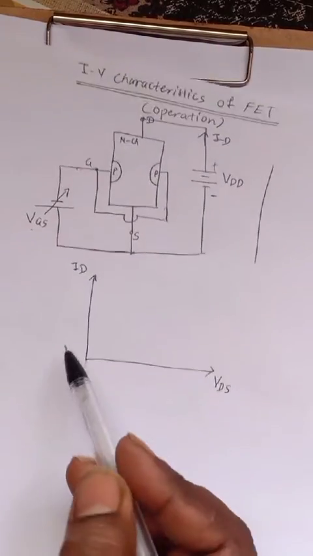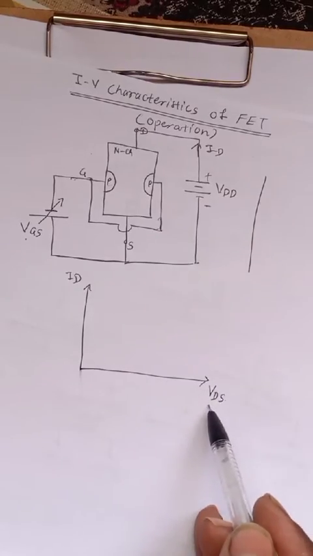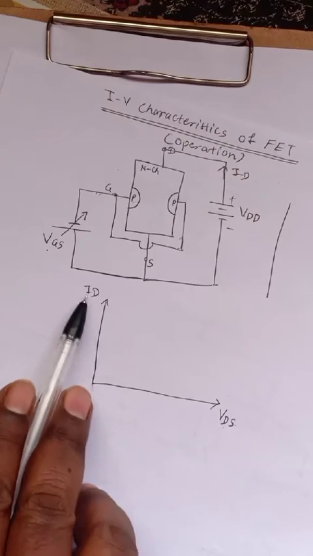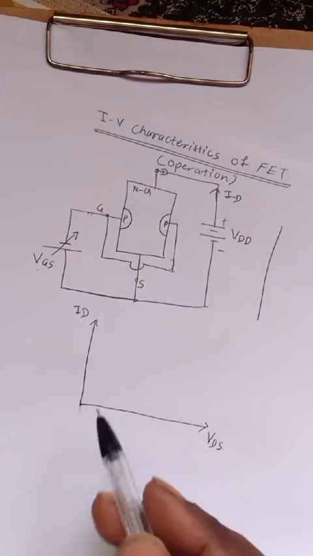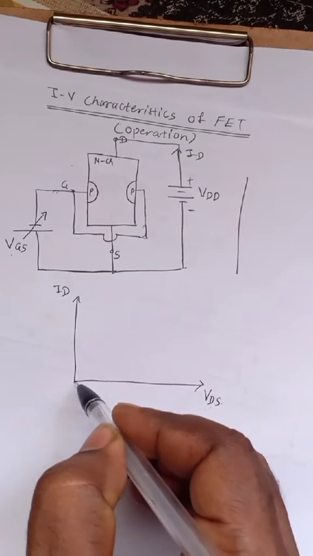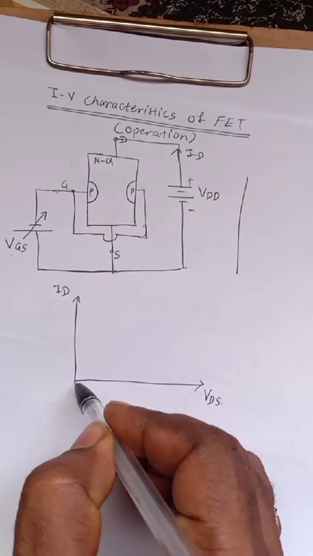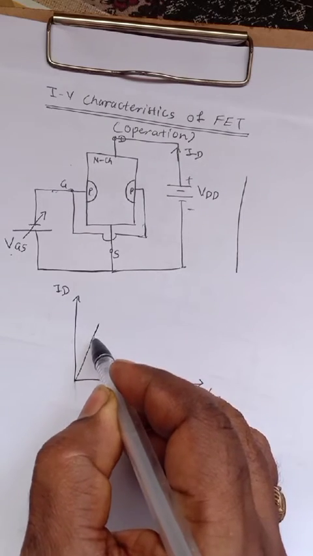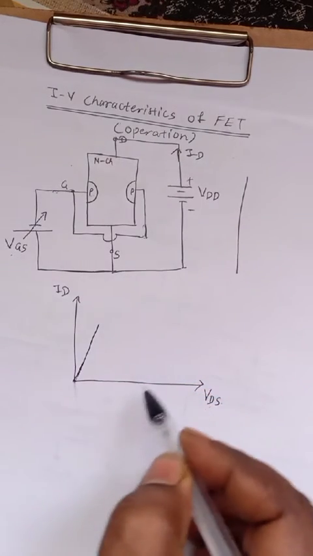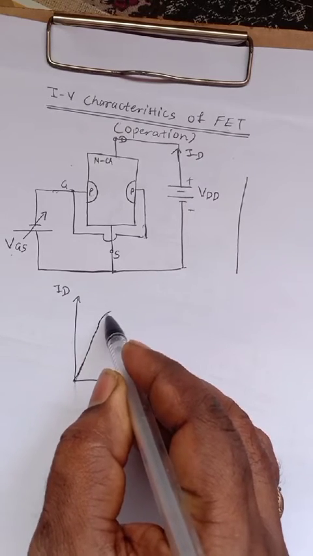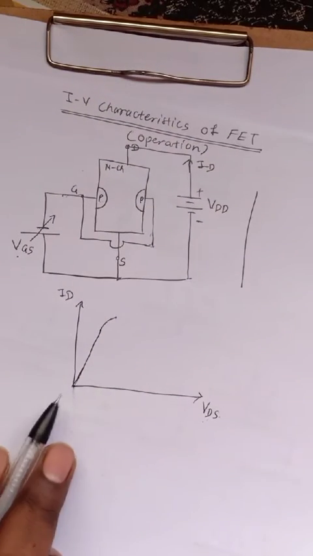If we vary the voltage VDS, drain to source, that is VDD, and observe the drain current ID, we see the characteristic variation like this. As we increase the voltage, the drain current ID increases like this.